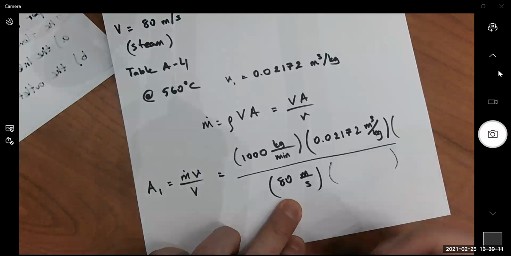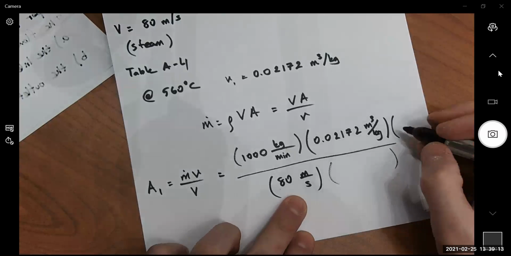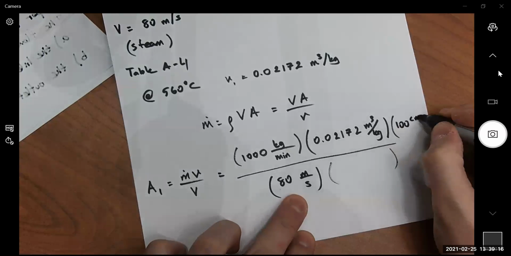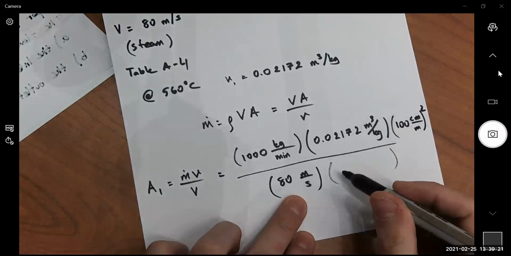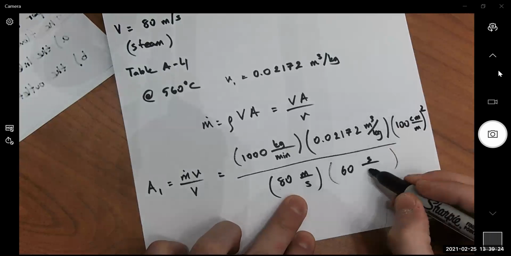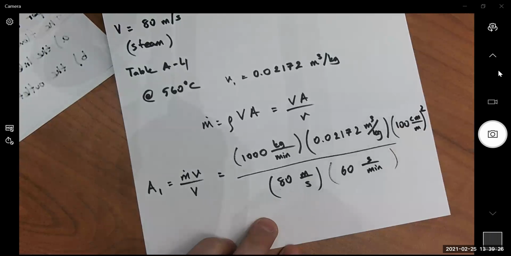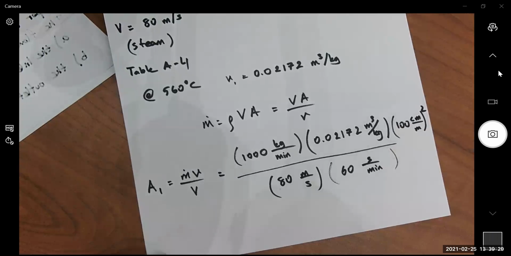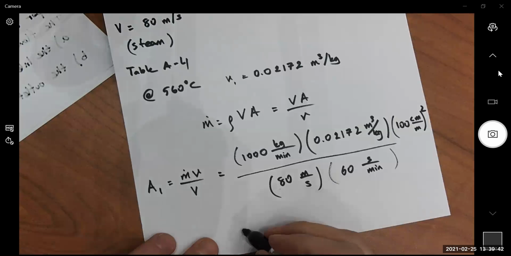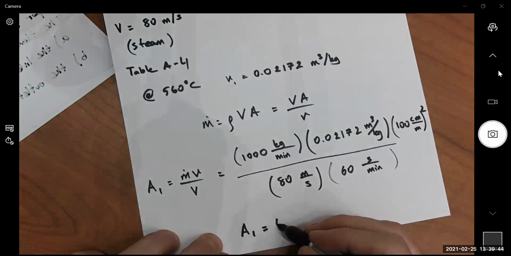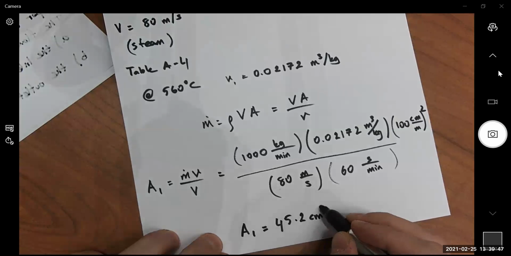But we need a unit conversion: centimeters and meters, and I need to convert minutes to seconds, since I have a minute. Area A1 will be 45.2 centimeters squared.